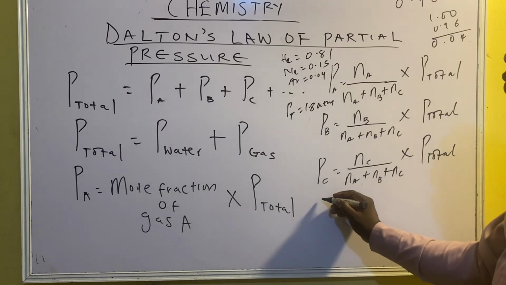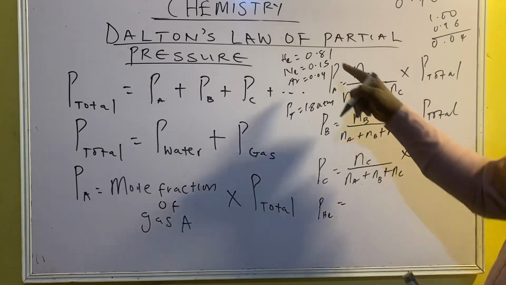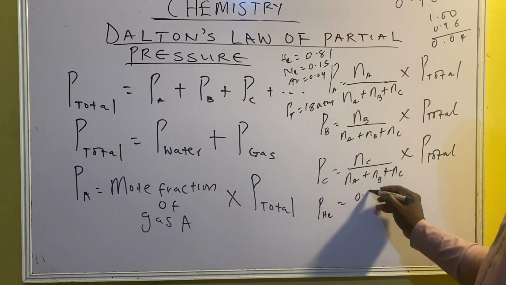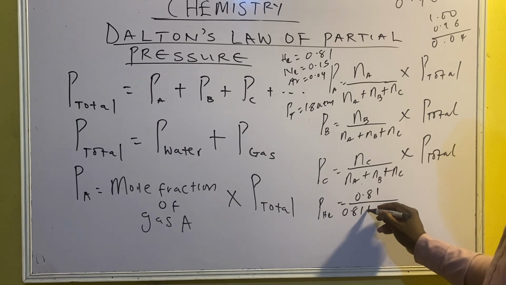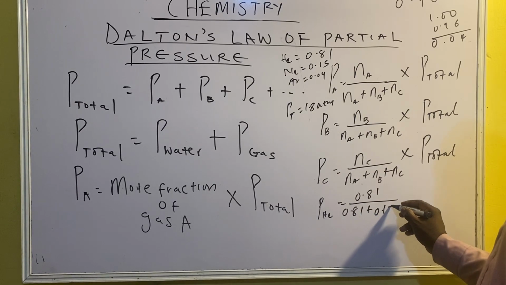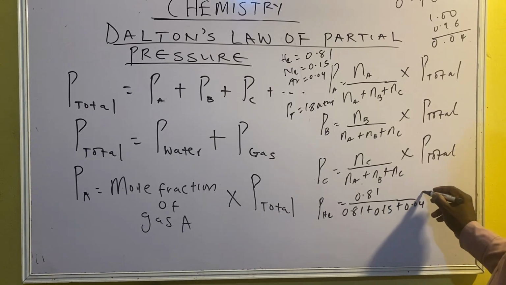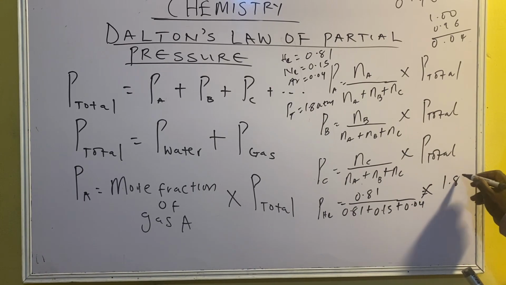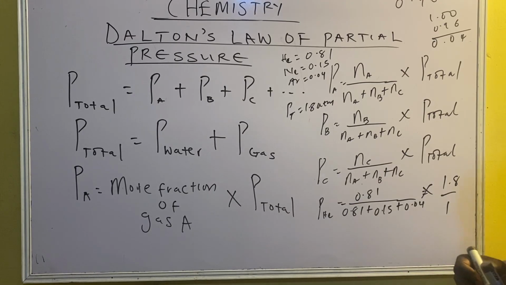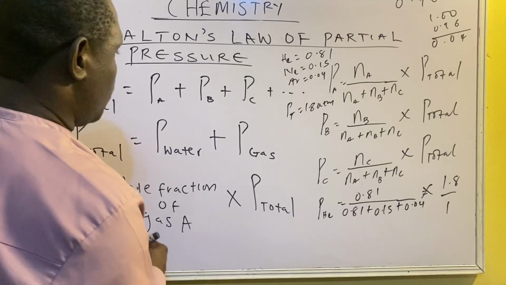If you are asked to find the partial pressure of the helium, it will be the value of the helium over the value of the helium plus the others, multiplied by 1.8. That's what you're going to have.